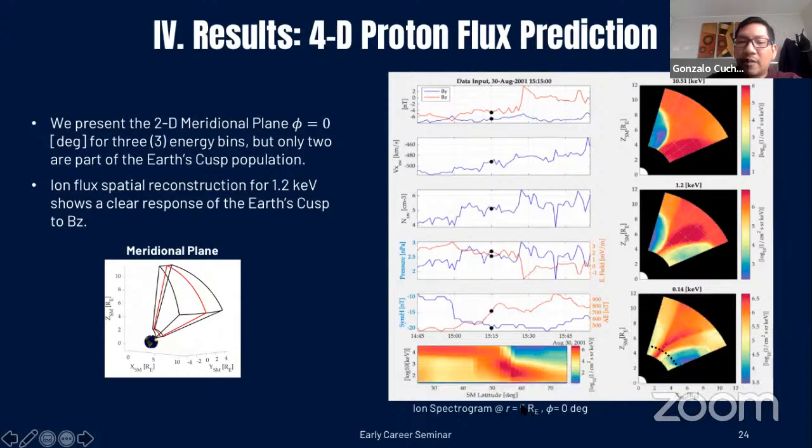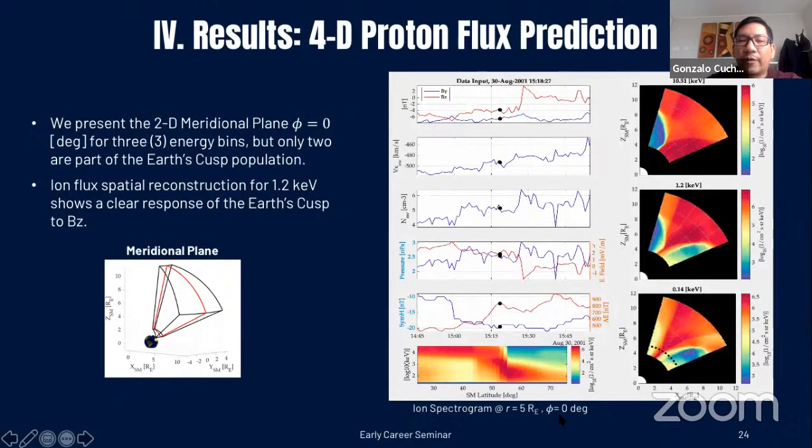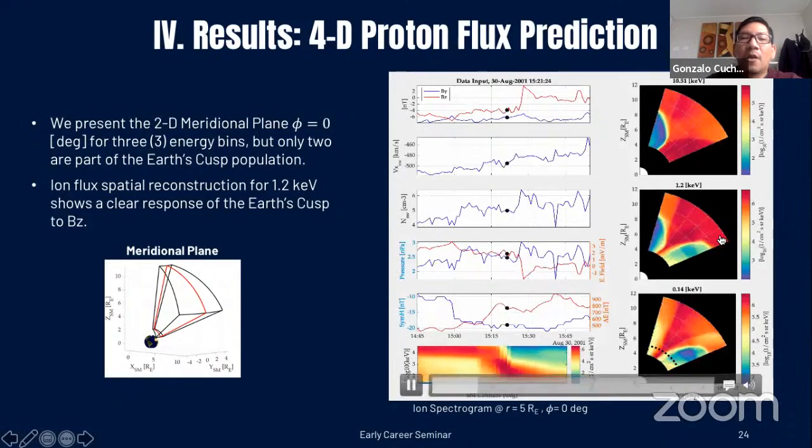The radius for this is 5 RE, the geocentric distance. And let me just run this to see how the structure of the cusp changes. We have observed that in the 1.2 keV, which is part of the population of the cusp, we have a response to the Vz, and in this case it's quite clear. I'm going to make that comparison just in a moment.